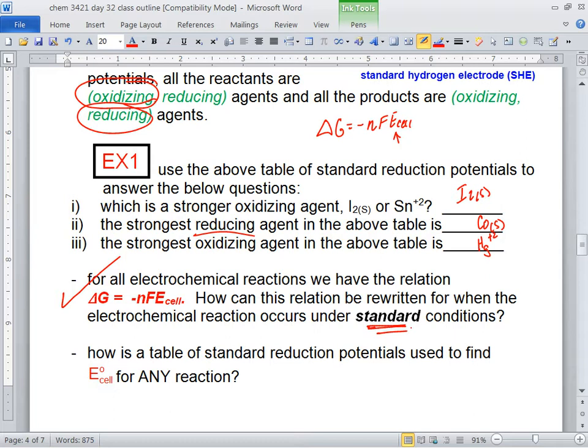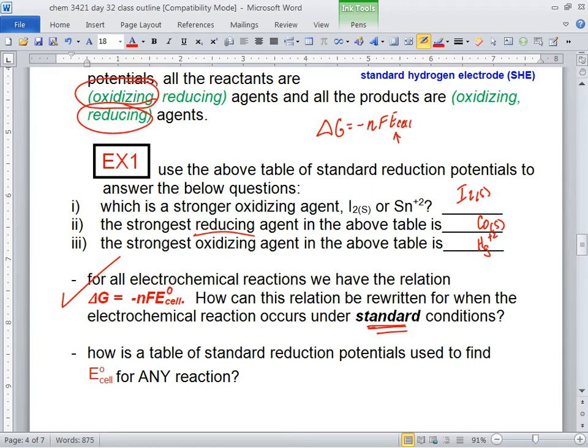A little 0. Okay. What are you supposed to put little zeros on in here? E cell, because that you get from the table. If you put a superscript 0 on here, that means get it from the table. If there's no superscript 0 on there, that means you just read it off a voltmeter, right? So you put a superscript 0 on there.